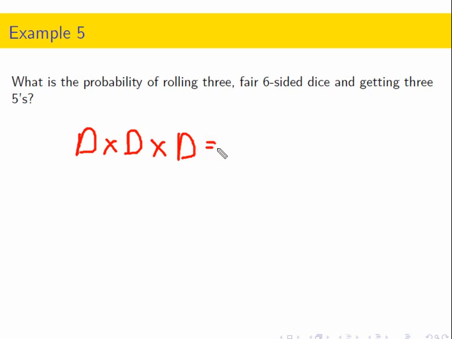So there are 6 times 6 times 6, 6 cubed outcomes. And then the question is, what is the probability of rolling 3 fair 6-sided dice and getting 3 5s? Well, there's only one way to get a 5 in each of these slots. So the probability is equal to 1 over 6 cubed.